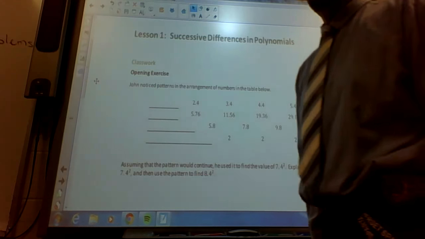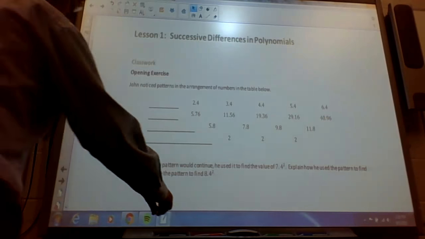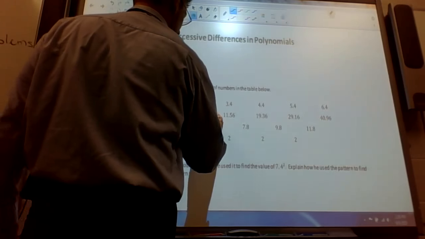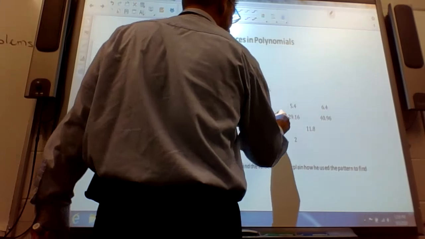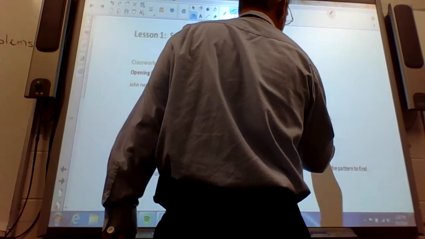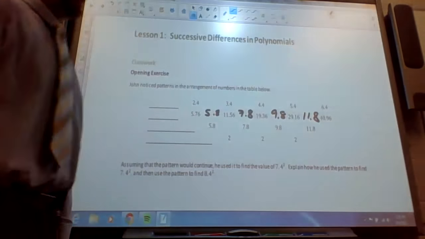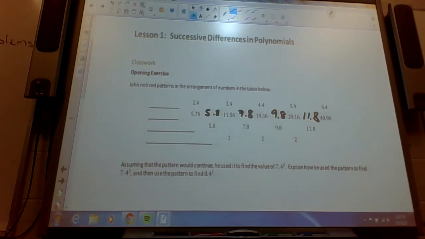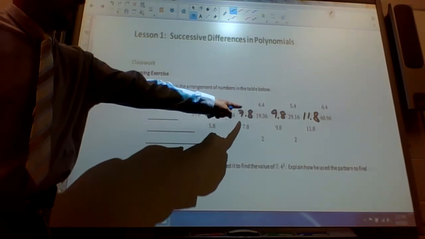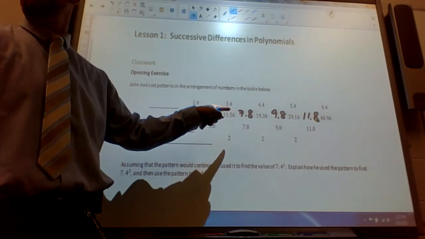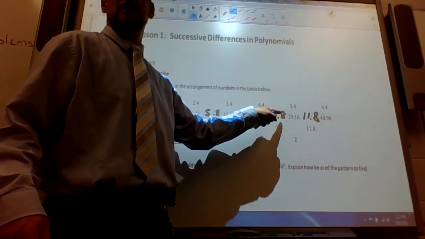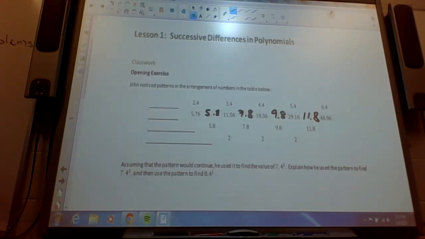Okay. So we got 5.8, 7.8, 9.8, and 11.8. Now, that's the first difference, right? What's the second difference? 2. Second difference? 2. Common second difference.